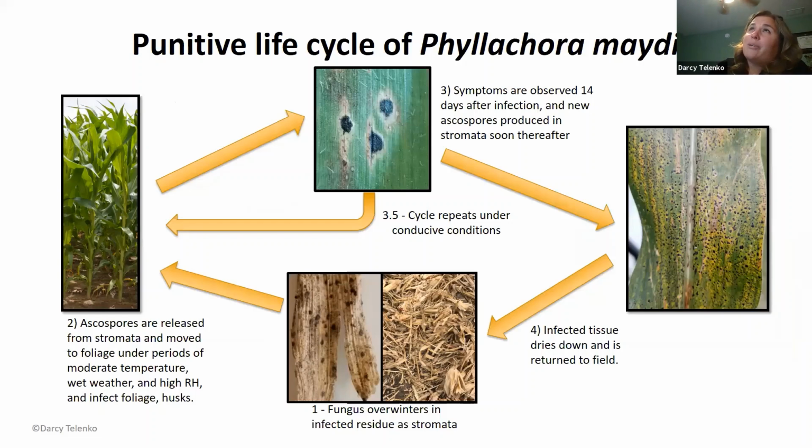I suspect, we haven't nailed this down, there's a plant age, so we want a leaf of a certain age before we really see infection, late vegetative stages, and generally about 14 to 21 days after the ascospores landed, we start seeing that stroma, and then those cycles can continue to repeat through the season. We get this rapid infected tissue, there'll be chlorosis, necrosis, blighting, and sometimes what we call a fisheye spot too as well. But again, that residue is then left to the soil.